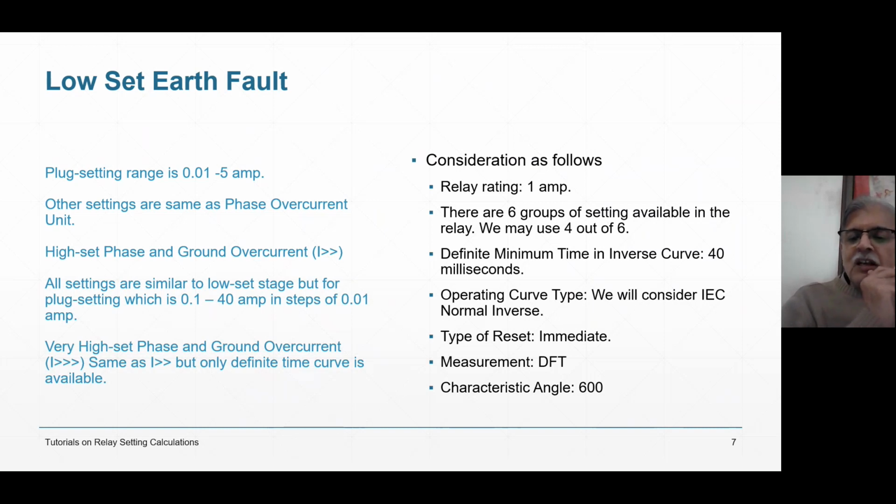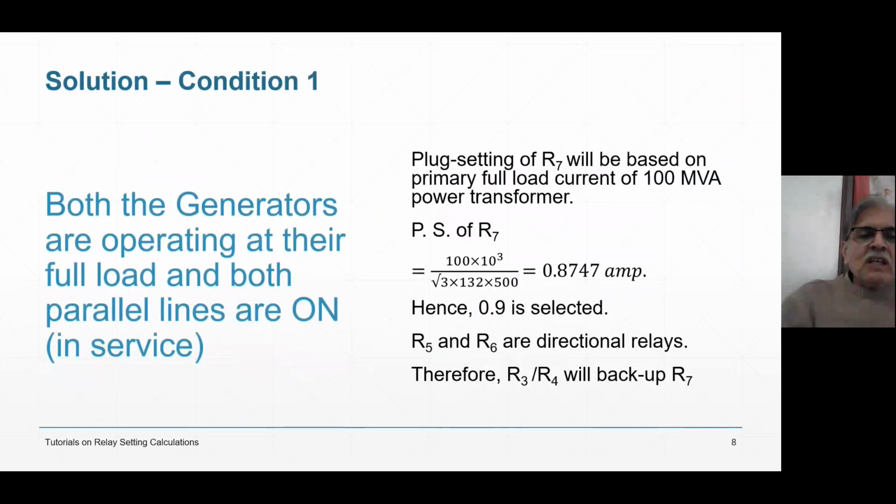So it is 600. For 60 degree, I have to write 600 and select the last 0 and then use a certain facility in the computer keyboard so that it will be 60 degree. Characteristic angle for directional relay is 60 degree, my dear friends.